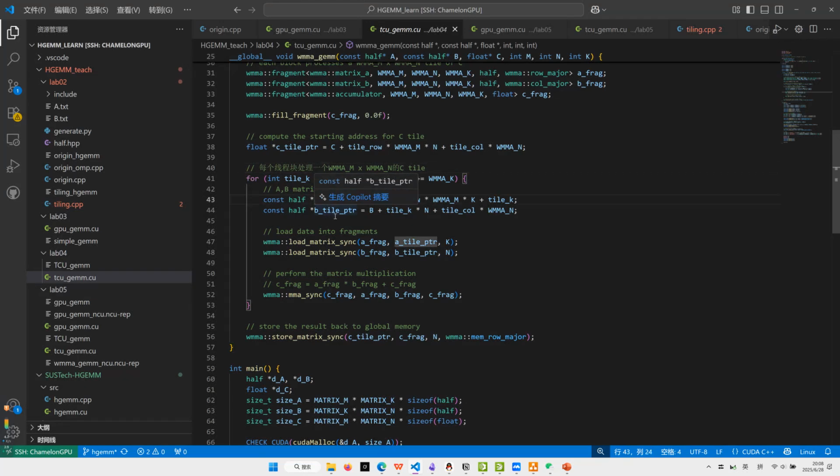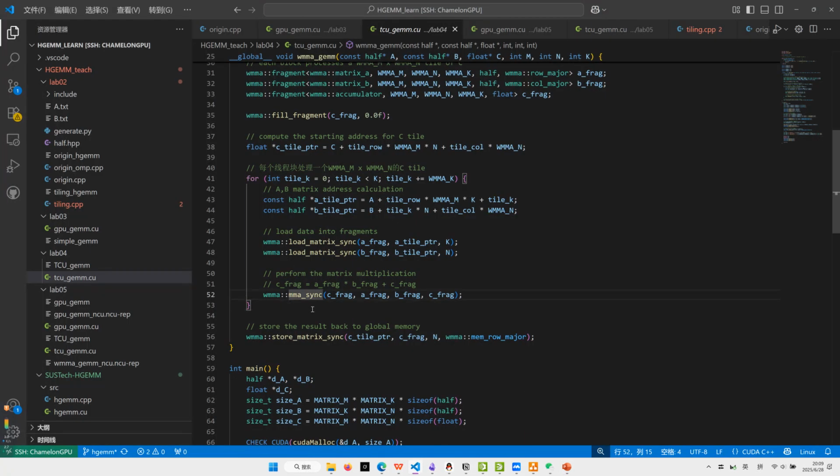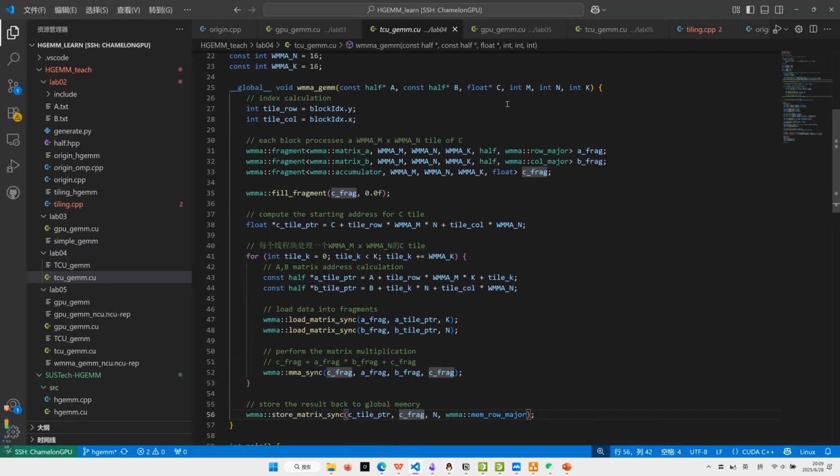After getting the starting addresses of A and B, load the data using WMMA load to the tensor core memory, and then use mma_sync. That is a synchronized compute API to compute this matrix multiplication and accumulation, and then you can store it back to your result C. That's here, and we can compile it.